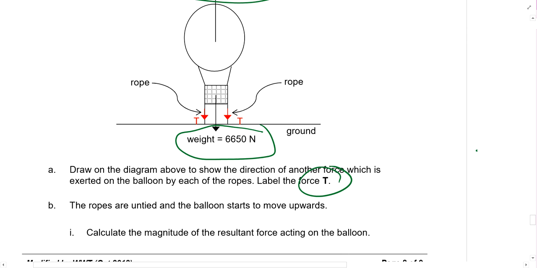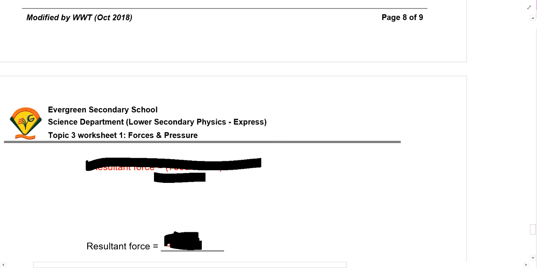So you label it as T. Okay? In this case, if you were to go and touch the rope, is it going to be very slack or taut? You know the difference? Slack and taut? Okay, it's going to be very taut because there is tension inside. Tension is a force. So calculate the magnitude of the resultant force acting on the balloon.